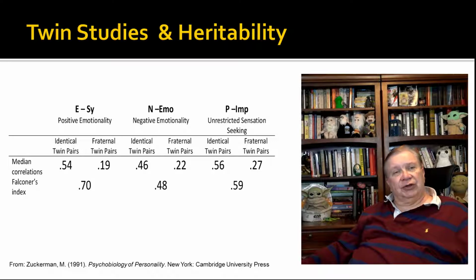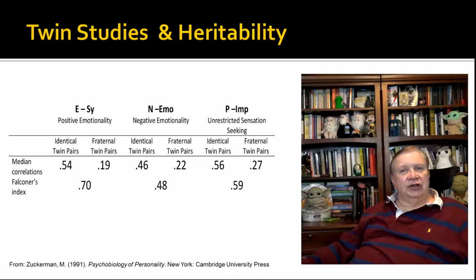Almost 60% of the variance is due to genes for sensation seeking. And this really is a good guideline. If you look at all the studies talked about in your textbook and other places, if we're just going to sum the general results, between half and 60% of the variation in scores for big personality traits and characteristics is heritable.